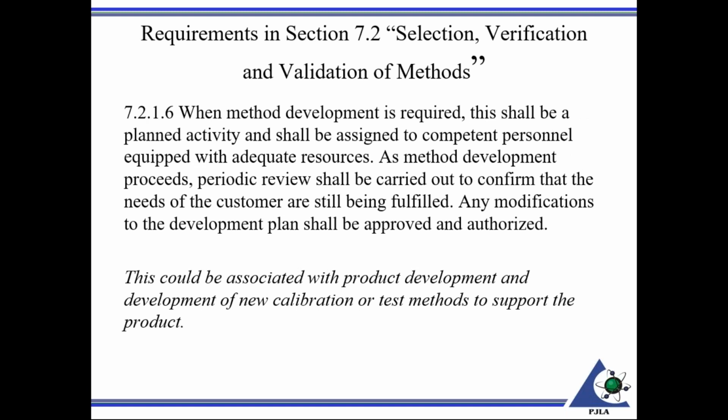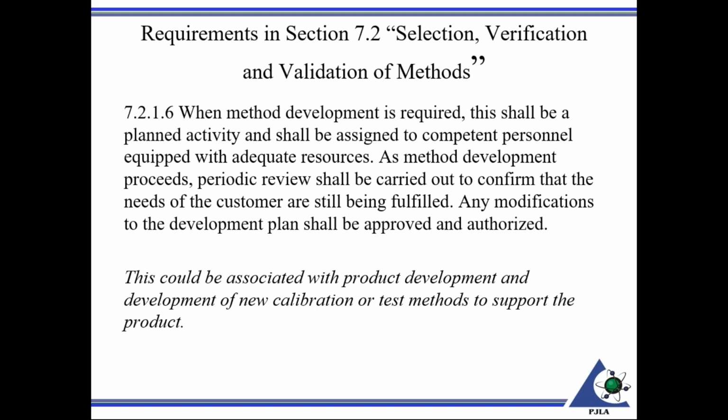7.2.1.6. When method development is required, this shall be a planned activity and shall be assigned to competent personnel equipped with adequate resources. As method development proceeds, periodic reviews shall be carried out to confirm that the needs of the customers are still being fulfilled.